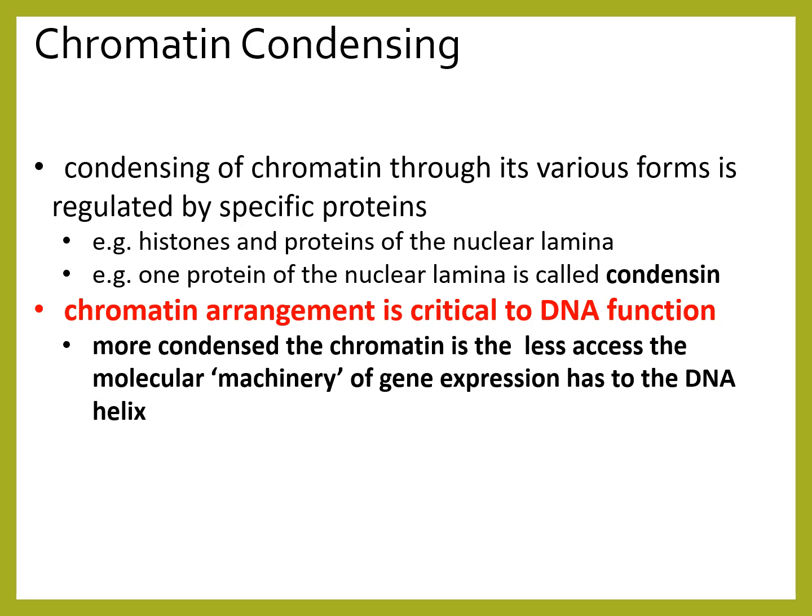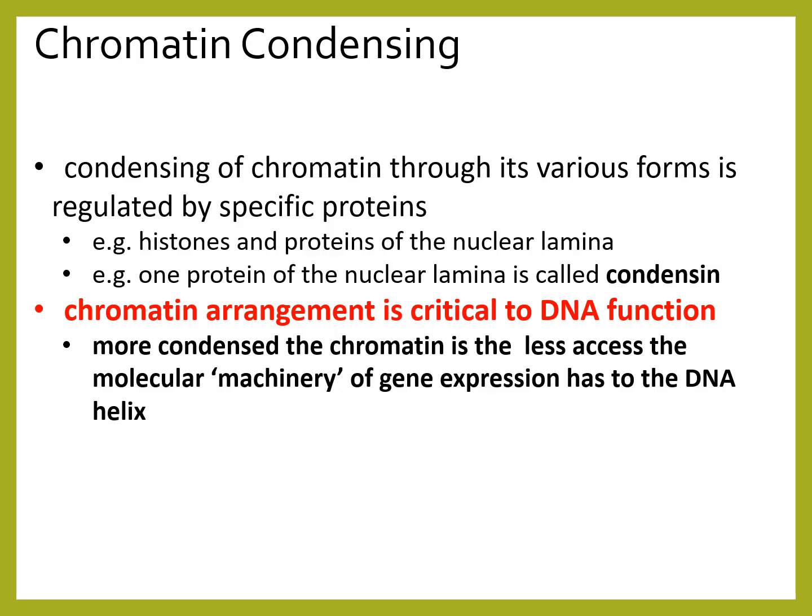And one of those proteins in the nuclear lamina that is responsible for condensing to the duplicated chromosome form is called condensin. Molecular and cell biologists are not inventive people when it comes to naming things. So when they found a protein which was critical for condensing DNA to a duplicated chromosome form, they called it condensin.